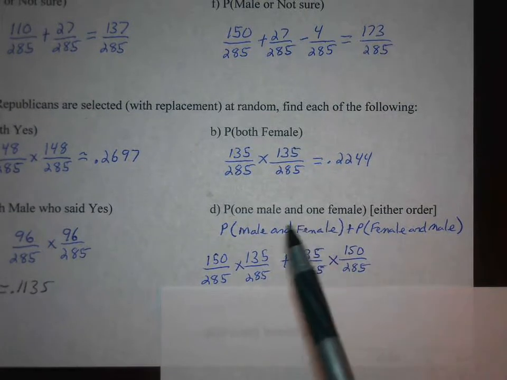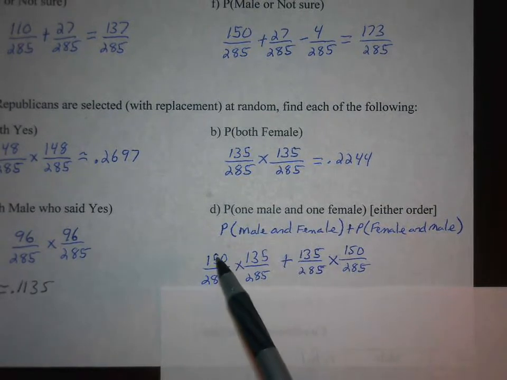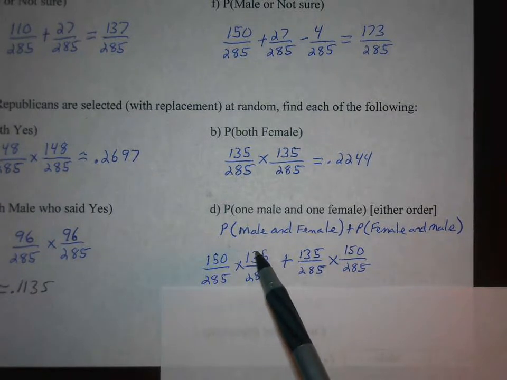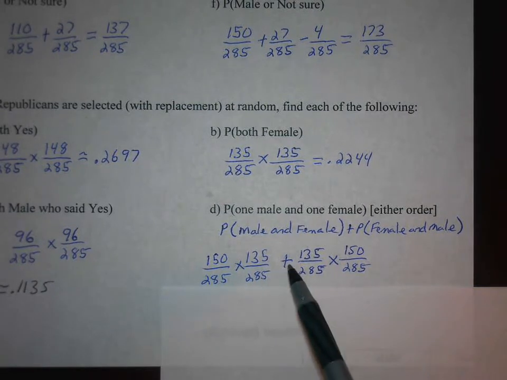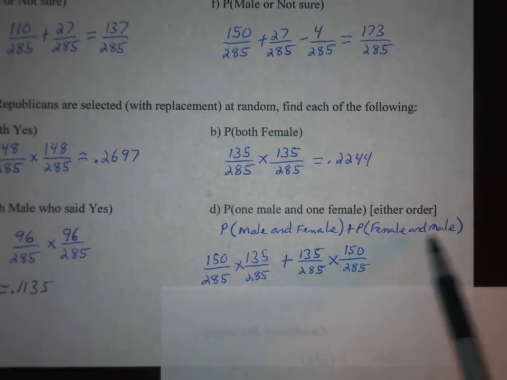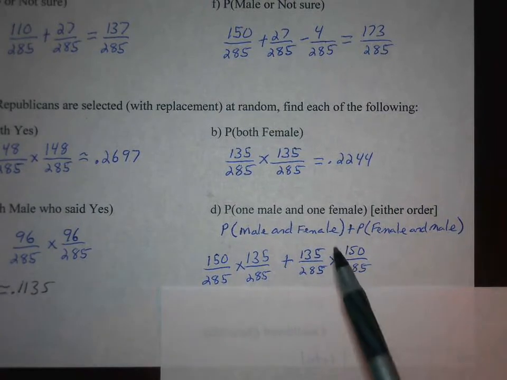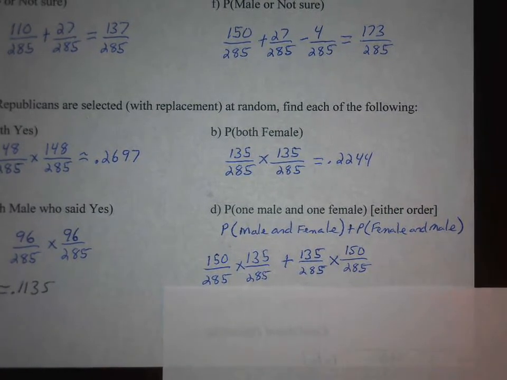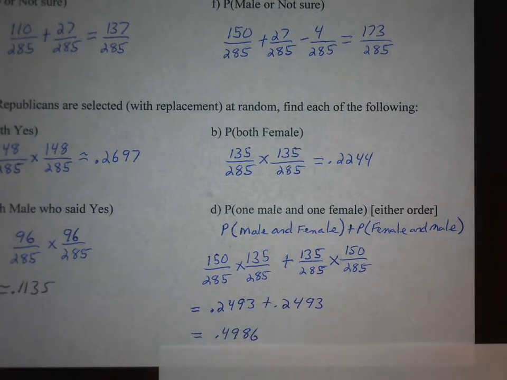The probability of male first is 150 out of 285, times the probability the second is a female, 135 out of 285. Then add, and it's basically the same number again, just flip-flopped. When you do that, you end up with 0.4986.